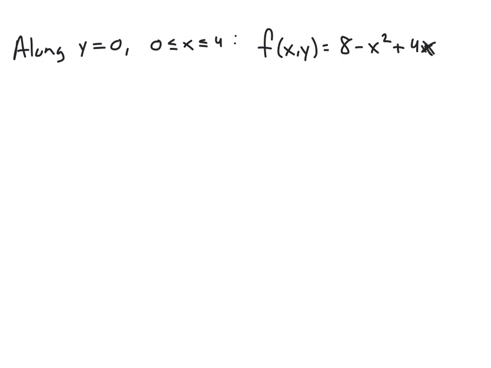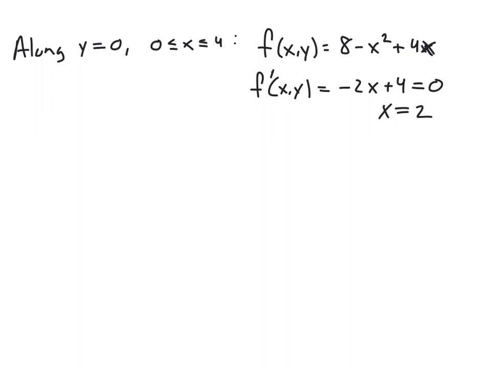We're letting y be 0 in this case. This is a function of one variable, so we can apply single variable calculus to it. We can compute its derivative, and this will be negative 2x plus 4. We set that equal to 0 to find the critical value, and we get one critical value. We get x equals 2.